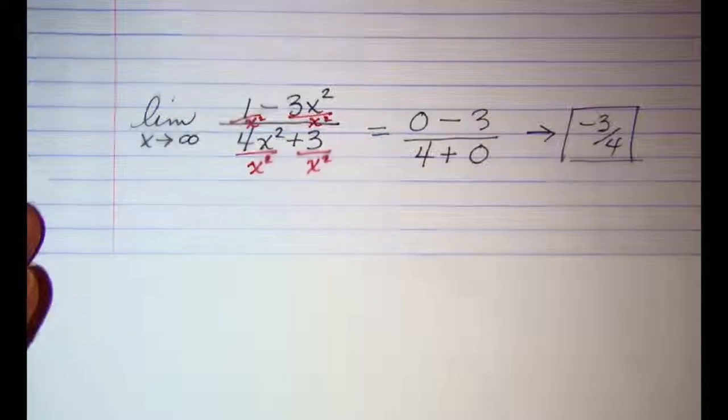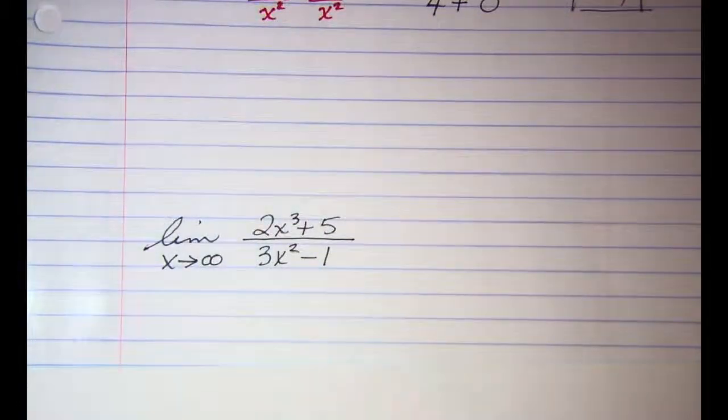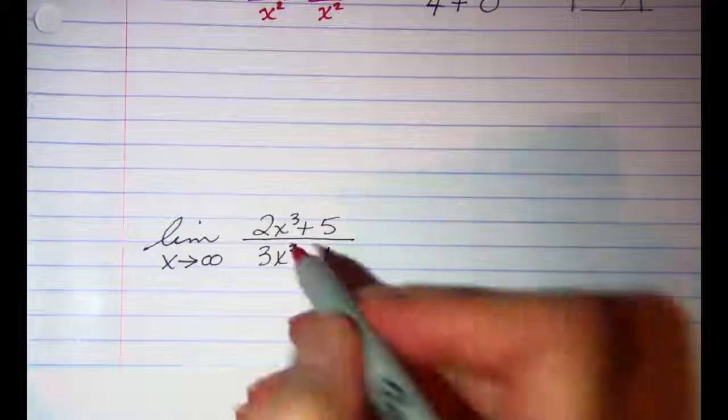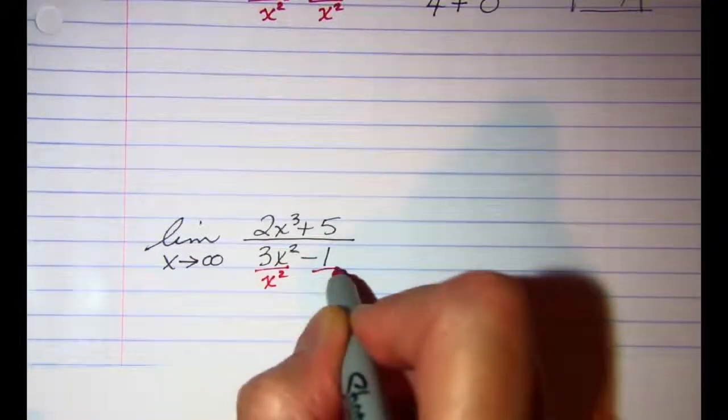Alright, one more example. In this one, we want to divide by the highest power of x in the denominator. So we're going to divide every term by x squared.